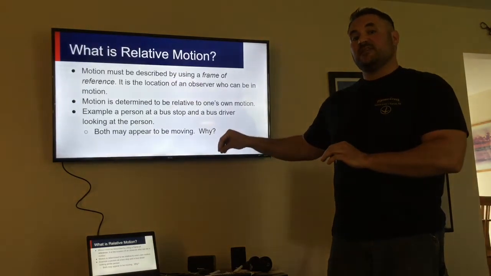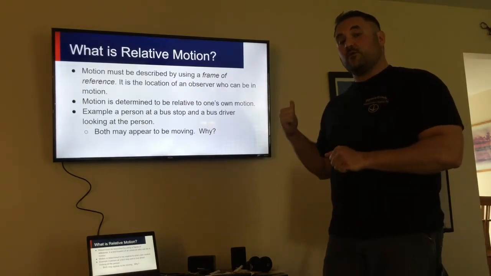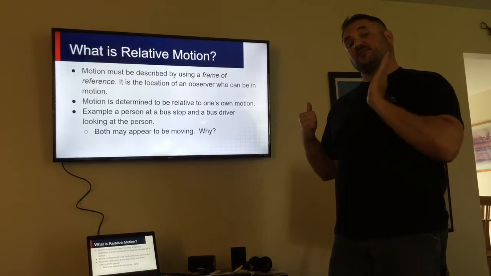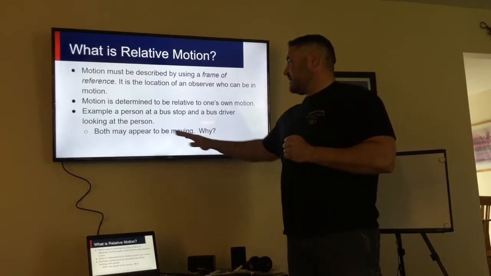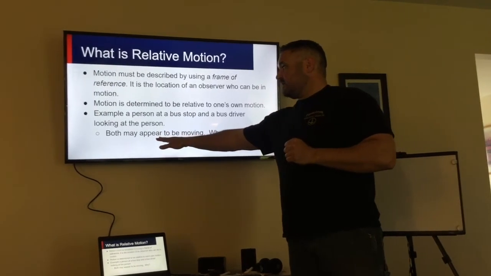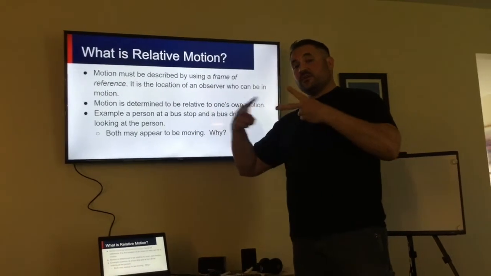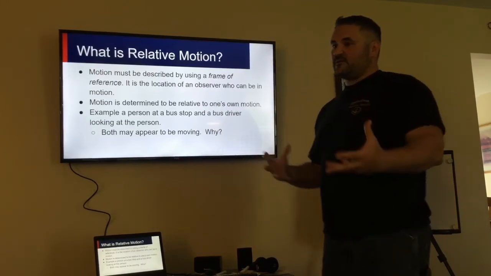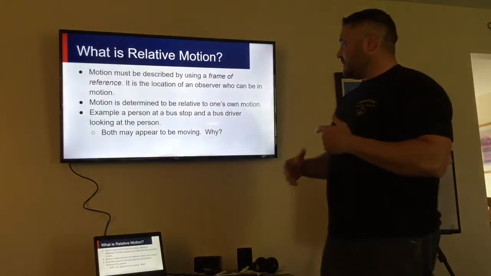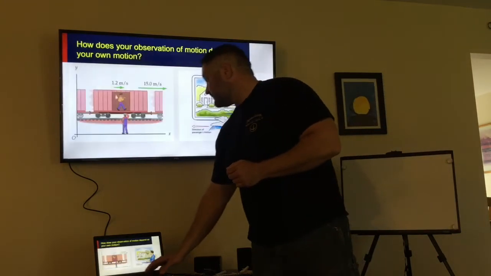You see them standing there and it looks like they're moving backwards, but it's actually because the bus is moving forwards. When you look at motion, you must look at frames of reference because you don't know which side of the frame of reference is moving. We'll talk more about that in another lesson.